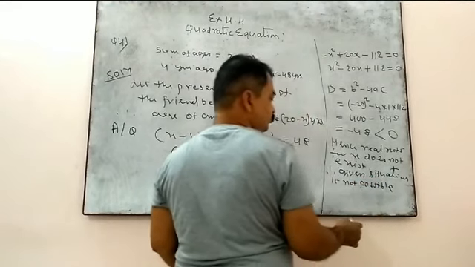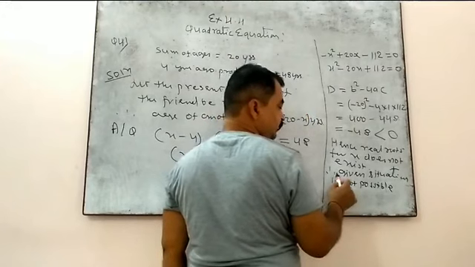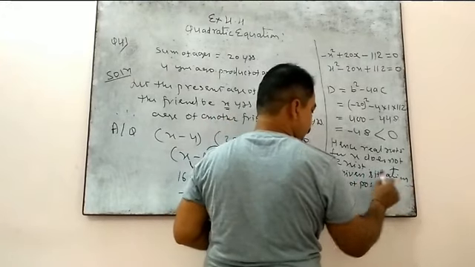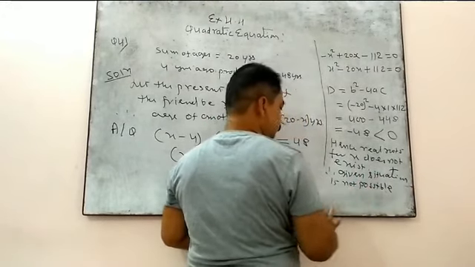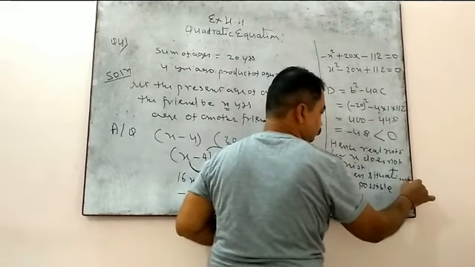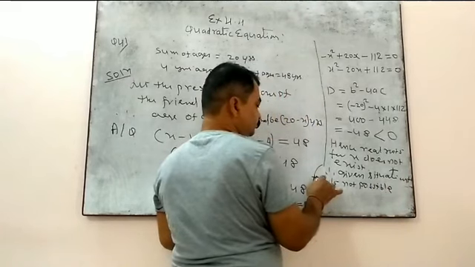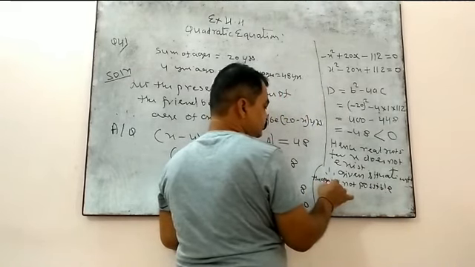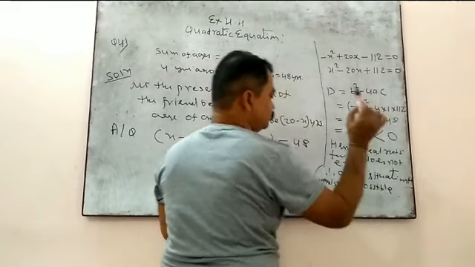And the situation was for what? For the ages. You can add one more thing here: therefore the given situation for the ages is not possible. Okay?